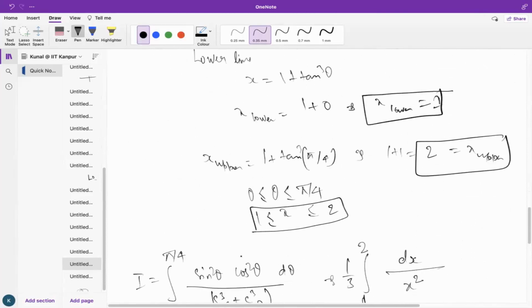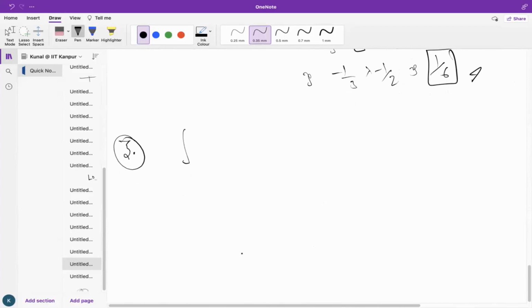What if our integrand is a function of two things? From 0 to pi by 2, we have to integrate dx by 1 plus cos theta cos x. Now, if you notice here, our integrand is a function of theta and x as well.